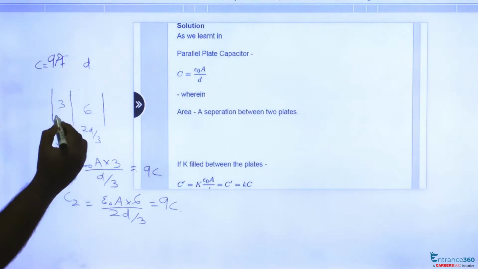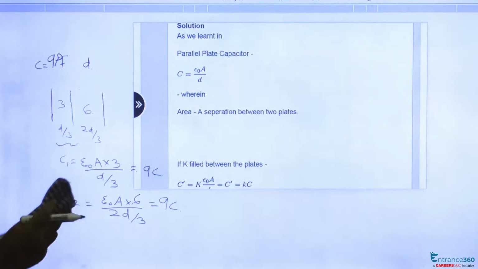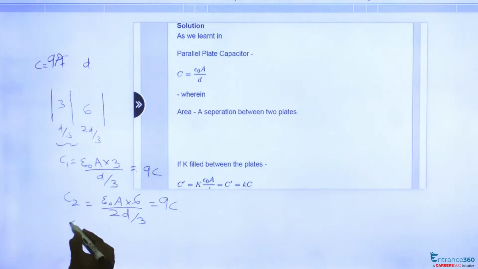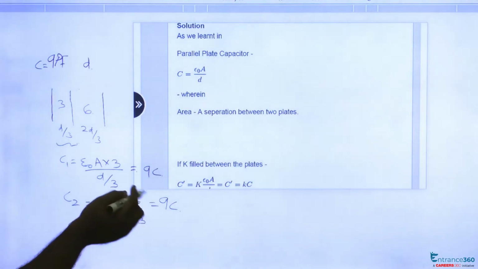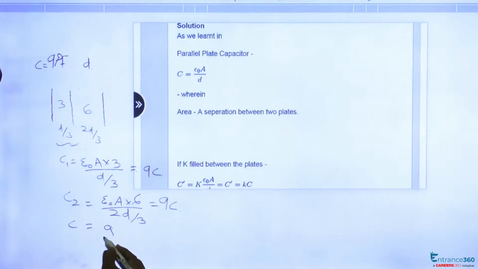See, this is in series combination. So net capacitance will be C equal to C1 C2 by C1 plus C2. Because both the value is 9C, so net capacitance is 9 by 2 into C.